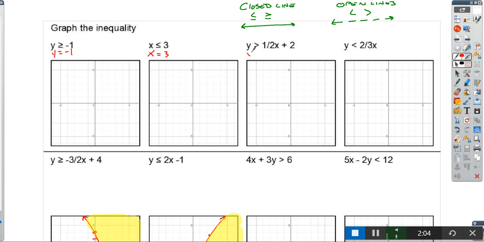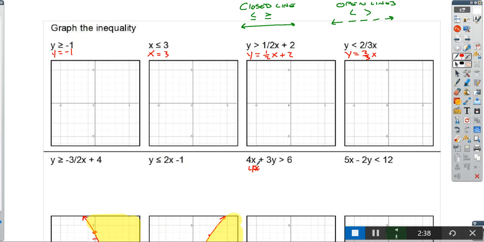For this one, I'm going to assume that y is equal to 1/2 x plus 2. Now, obviously, this is not what is given to us, but I'll deal with that later. When it comes time to find the boundary line, it is most productive to just assume the equals and then deal with the inequality afterwards.